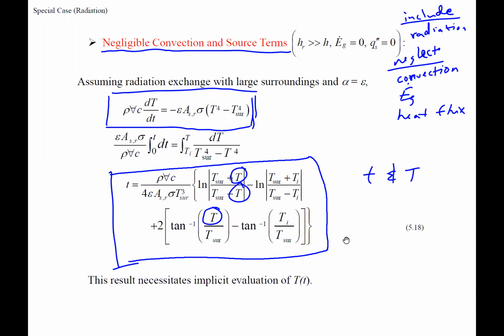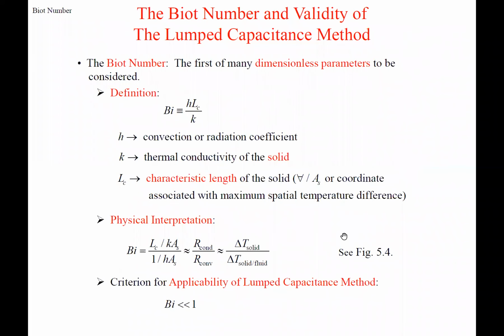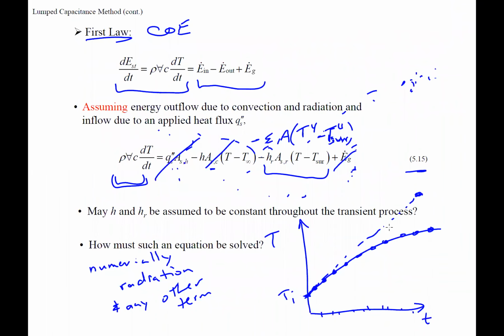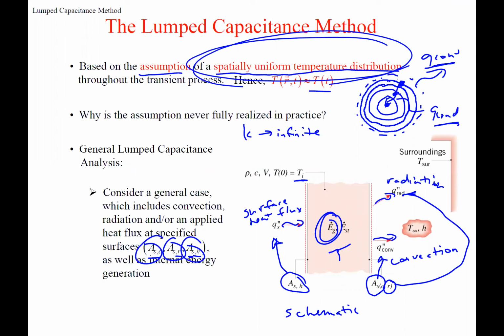Questions so far? All right. Now, when can we use this? We have to check the Biot number to make sure our lump capacitance is valid, with our big assumption of a spatially uniform temperature distribution.